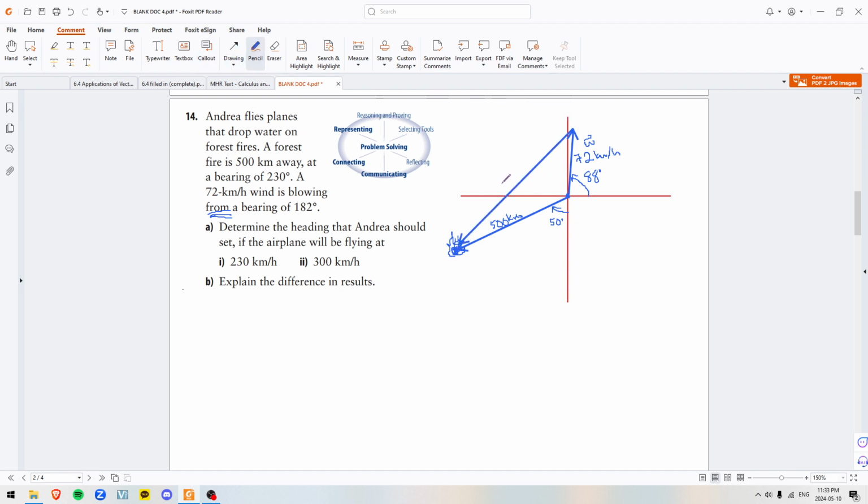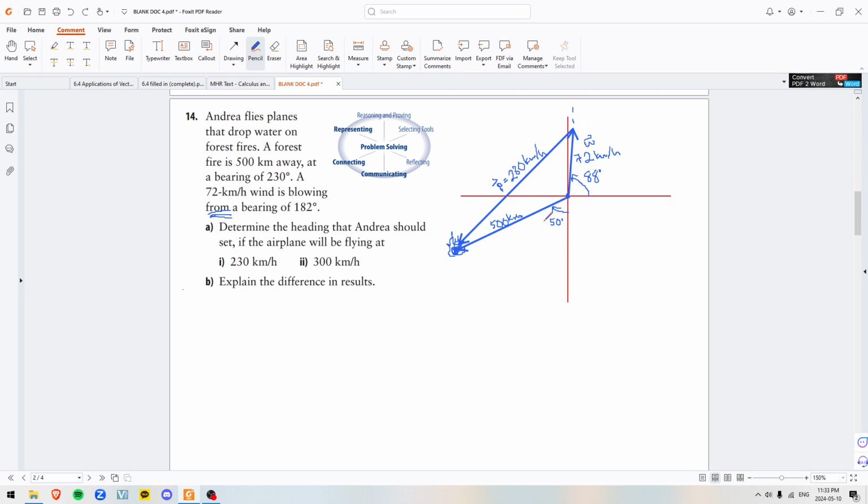This is my plane. Part A, it's going to be 230 kilometers per hour. I need to figure out the heading, the bearing of P. So there's my triangle. Let's do it.